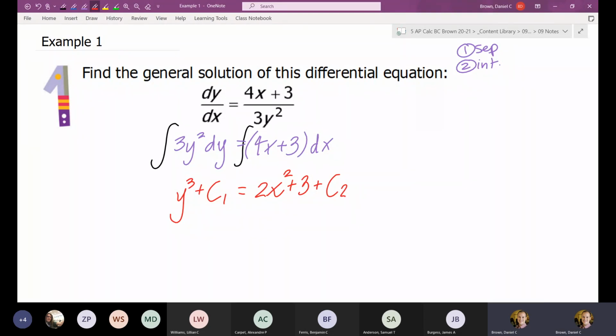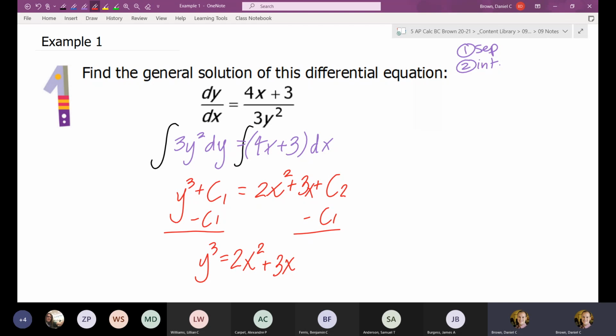But let's simplify it some. If I just want to deal with one constant, I'm going to subtract the c1 from both sides. So I have y cubed is equal to 2x squared plus 3x. Sorry, I forgot that off. Plus 3x. c2 is a constant. c1 is a constant. Well, what's an unknown constant minus another unknown constant?